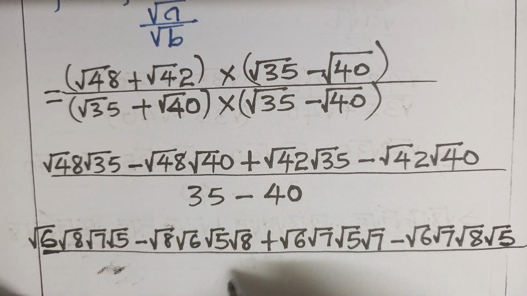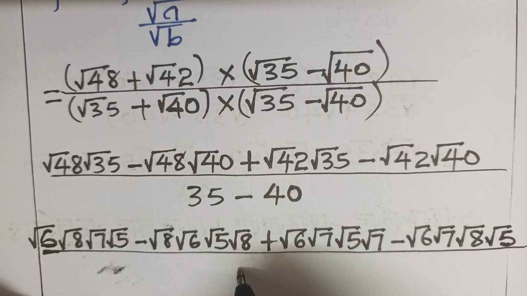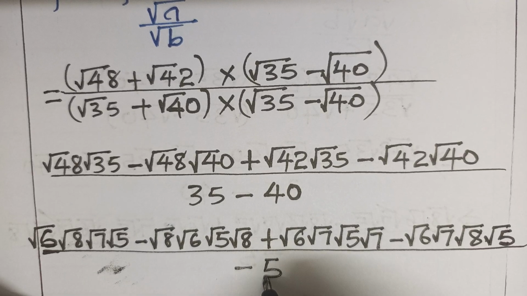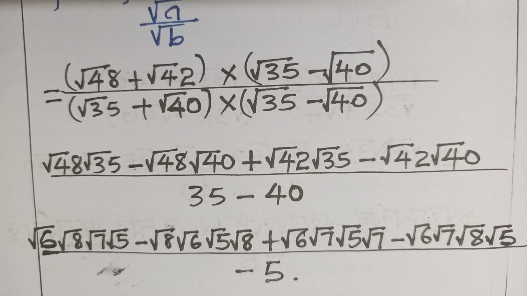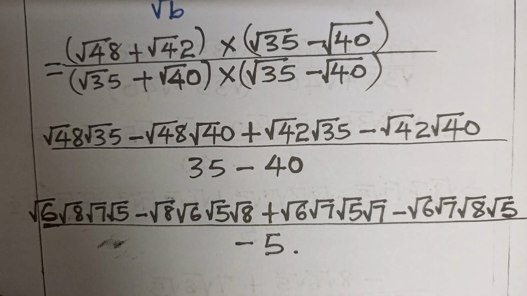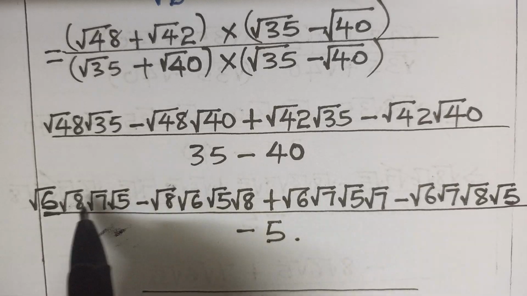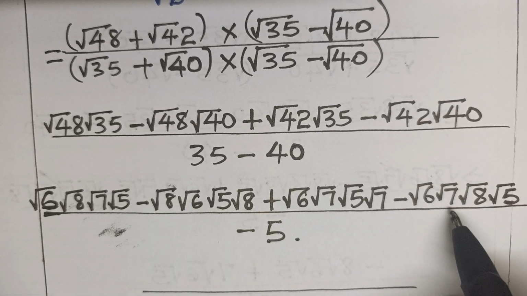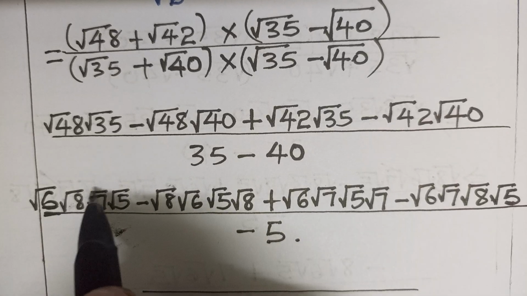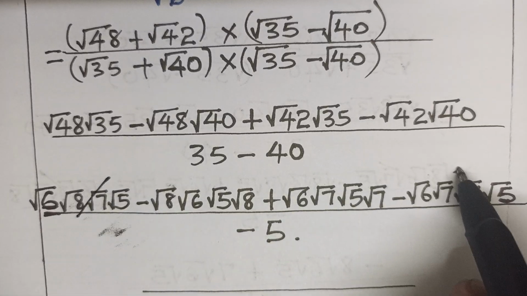And so for this denominator, it shall be negative 5. Guys, we continue on. When we examine this problem, we find that this term here is the same as this. And because one is positive and the other negative, we can cancel.